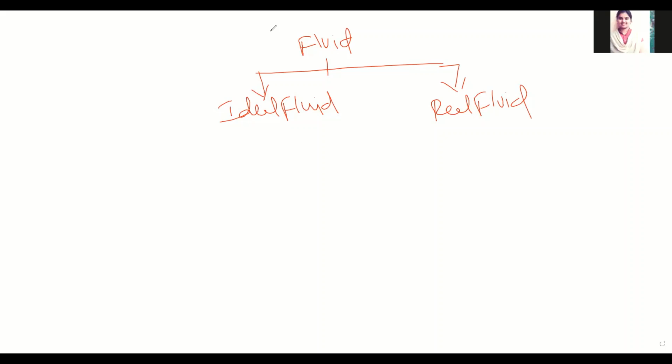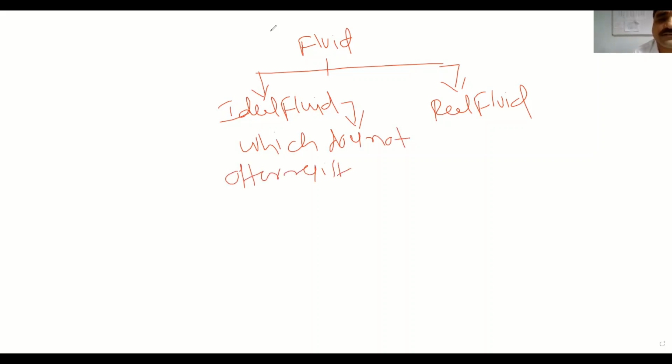Can you repeat the first point? Vaishnavi, right. Ideal fluid does not offer resistance to flow, deformation, or change of shape.